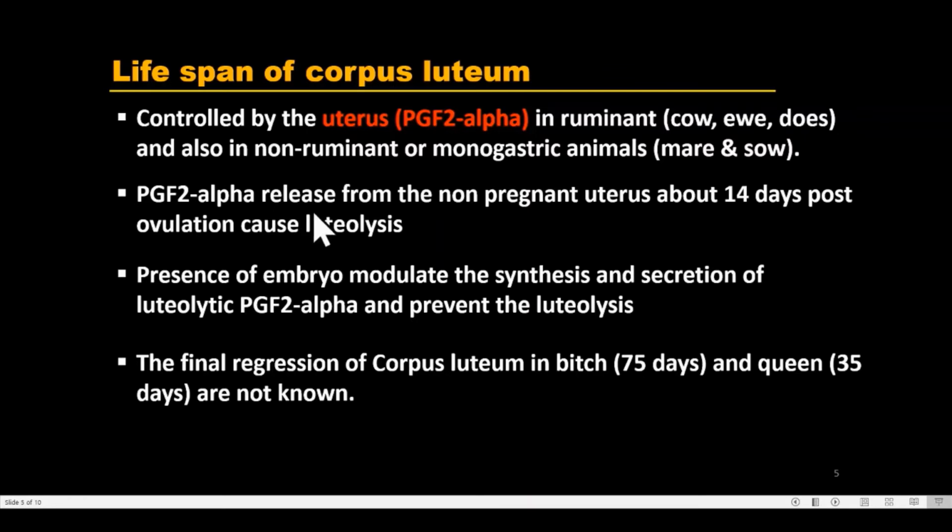PGF2 alpha is released from the non-pregnant uterus about day 14 post-ovulation, which causes luteolysis, and the presence of an embryo modulates the synthesis and secretion of PGF2 alpha and prevents luteolysis. Therefore the corpus luteum will remain throughout the pregnancy, because the embryo prevents the secretion of PGF2 alpha.